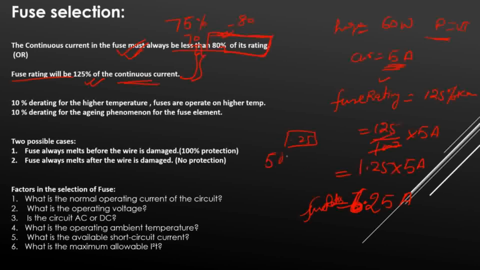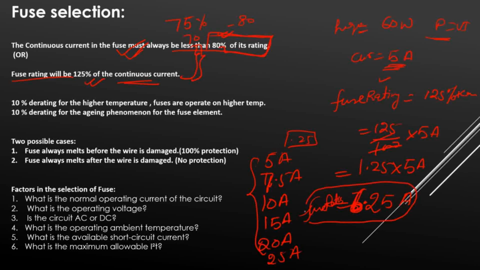They generally come in this form: 5 amps, 7.5 amps, 10 amps, 15 amps, 20 amps, 25 amps. So if your fuse rating comes to 6.25, then you have to take the next fuse, like 7.5 amps. If 7.5 is also not available, sometimes people don't use the 7.5, then you can go with the 10 amp fuse.